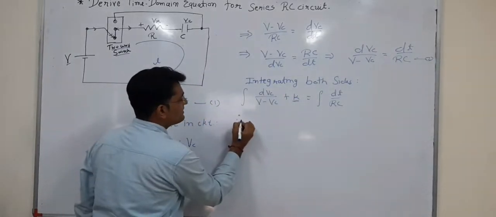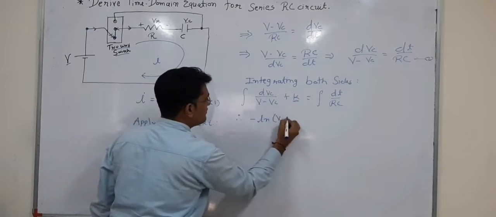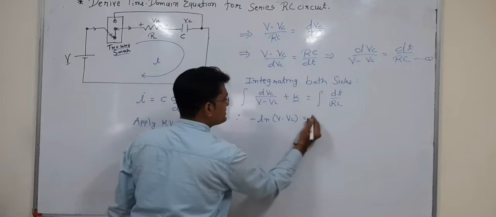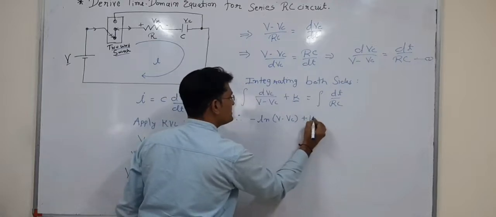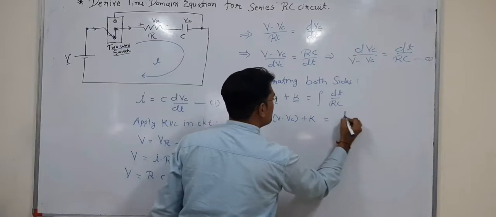So we get minus ln(V minus Vc) plus k equals t by RC.